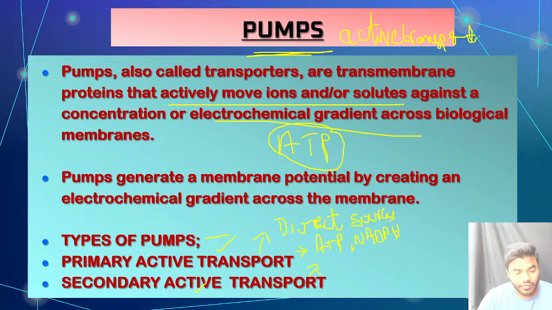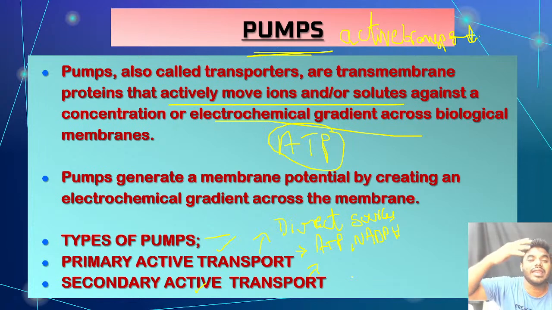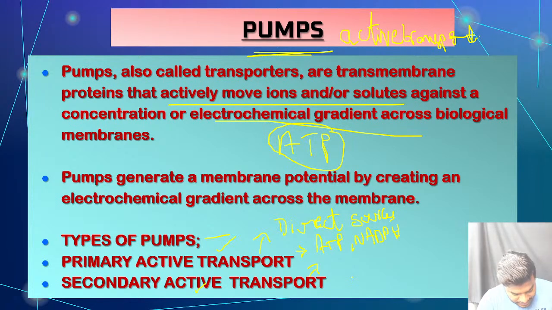Now, when you look into secondary active transport, what is the statement I want you to remember? Same, we are using energy, there is no doubt about it, because we are moving the ion or molecule against the concentration gradient. But in secondary active transport, the energy is used from indirect sources like H plus pumps, like H plus ATPase pumps.